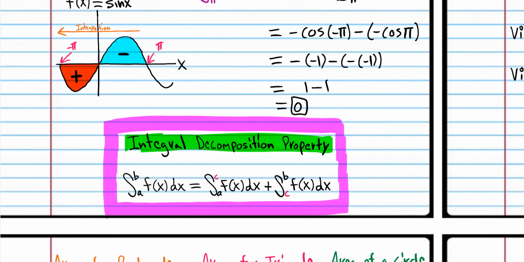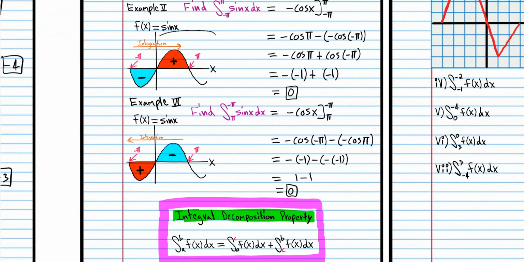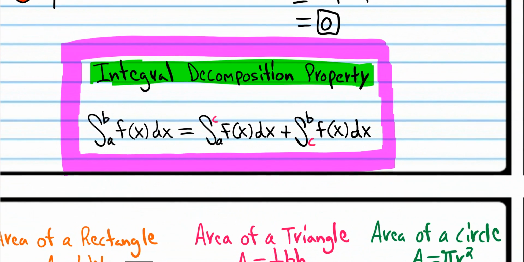Now, these problems that we've been doing demonstrate something we can call the integral decomposition property. What that means is you can take an integral and break it up into 2 different integrals.